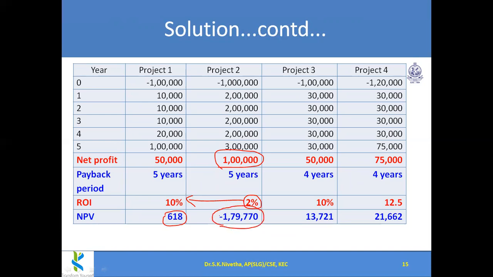It is a very high negative value. So completely we should avoid taking this project. Okay, so this project, though it seems like giving some profit, is not worthy. So do not take up this project.